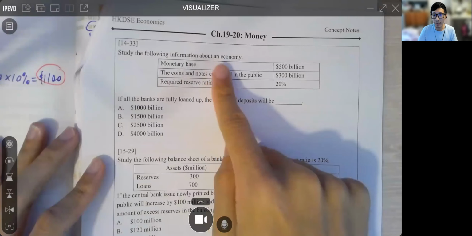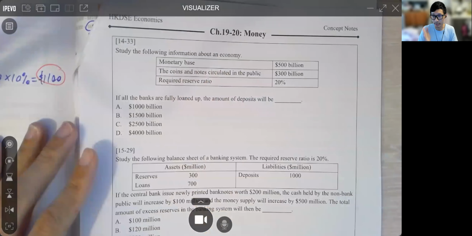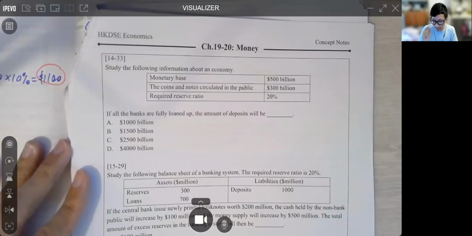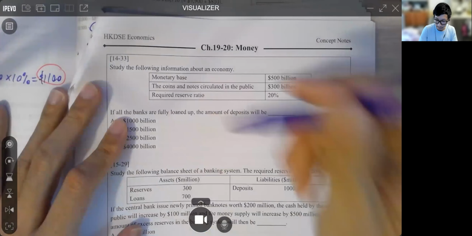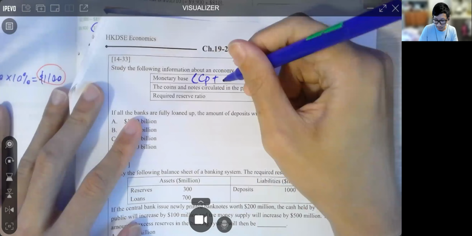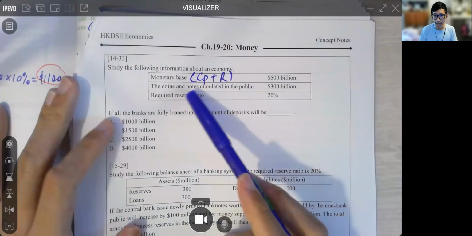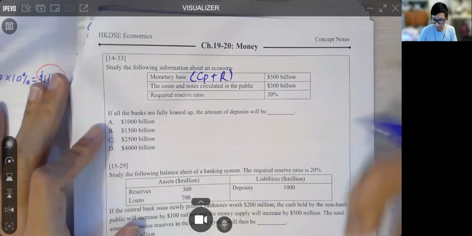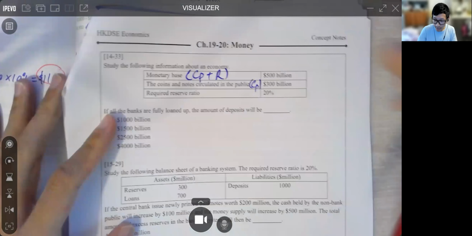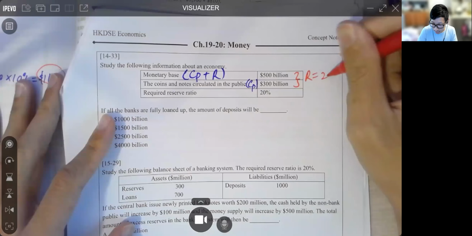Now we have the following information about an economy. Okay, 嗱呢條咧，我哋出少少貓先。We have not learned what is a monetary base, but here let me write it out. CP plus reserve equals to 500. Coins and notes circulated in the public 即咩意思啊？呢個 CP 咯。What does that mean? With these two lines, we know that reserve is 200 million.